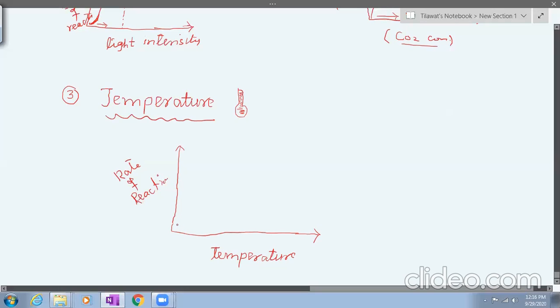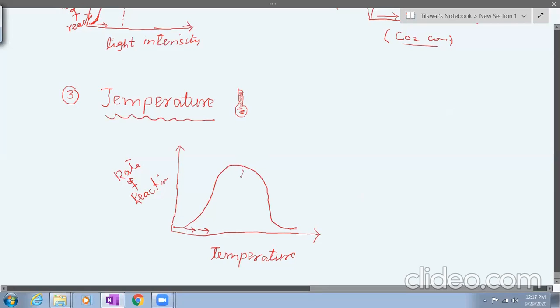For temperature, the graph will not be the same as the ones we did. For temperature, you will see the graph like this. Check it here. If you see here, when I'm increasing temperature, the rate of reaction is increasing up to here.